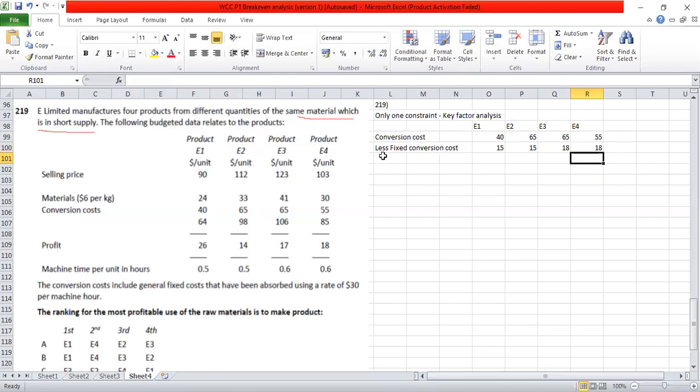So then we get what is the variable conversion cost. So variable conversion cost is 40 minus 15.